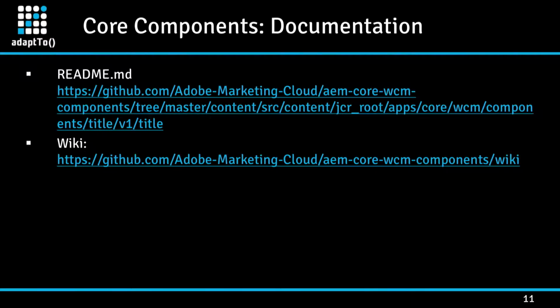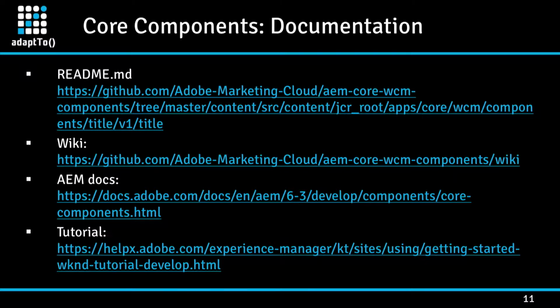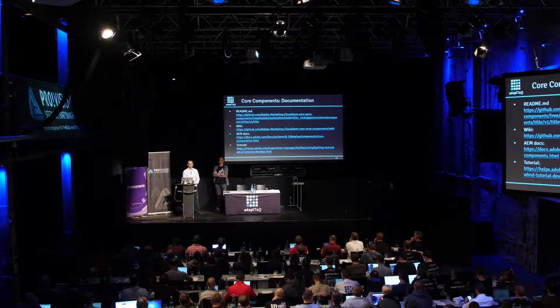There's also more global information about some of the decisions that we took in our wiki, also on GitHub, and you can find more information about the components in the AEM docs. There's also a tutorial about starting a new website based on these components. I encourage you all to have a look at these. These are really valuable, we think, for people starting out with the core components.